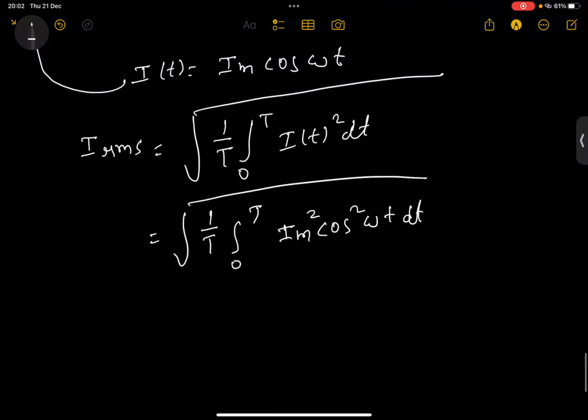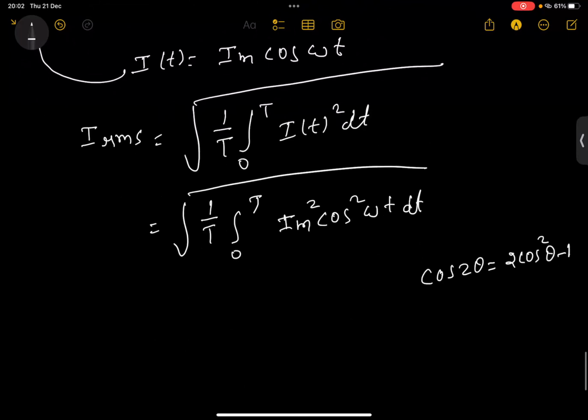You know cos 2 theta equals 2 cos square theta minus 1. Then this will become cos square theta equal to 1 plus cos 2 theta by 2. Replace theta by omega t.